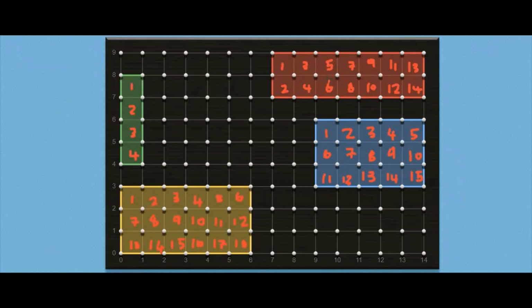So this red rectangle has a dimension of 2 by 7. So 2 times 7 gives us 14. So by multiplying the dimensions of the rectangle, it will give you the area of the rectangle. And for this one, it has dimensions of 3 and 5. So 3 times 5 would give us 15, right?